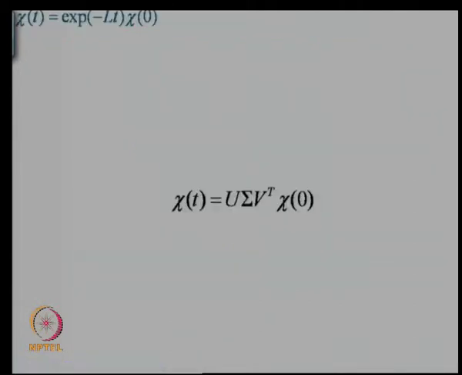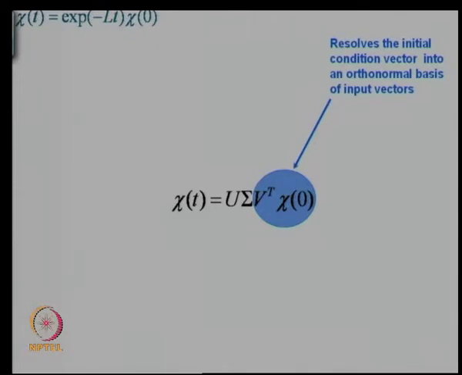And now the physical meaning of this is, since V transpose is a unitary matrix, V transpose χ naught is actually resolving the initial condition vector into an orthonormal basis of input vectors.